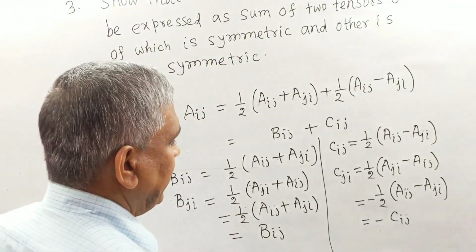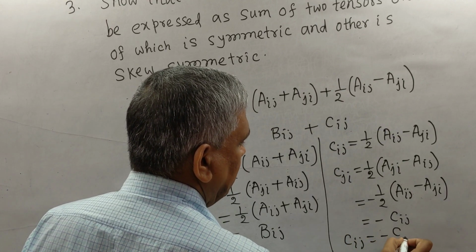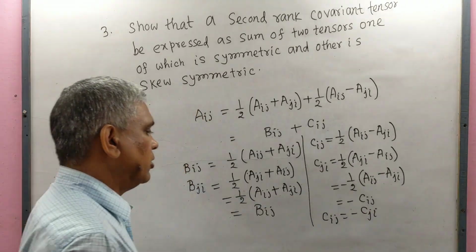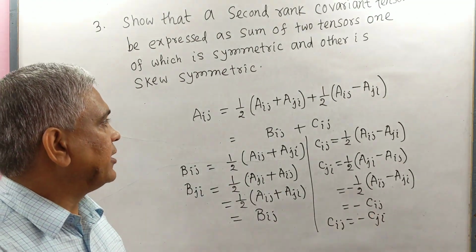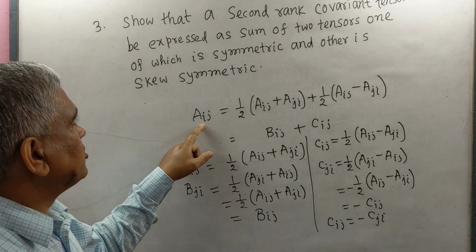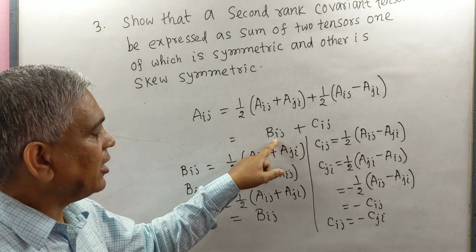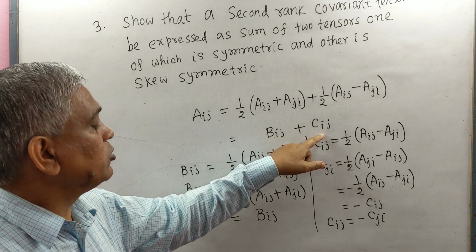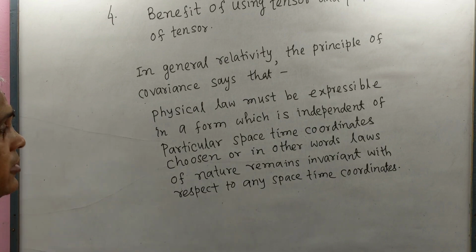So Cij equal to minus Cji, which shows that Cij is a skew symmetric tensor. Therefore, Aij is the sum of two tensors Bij and Cij, in which Bij is symmetric and Cij is skew symmetric. Hence proved.